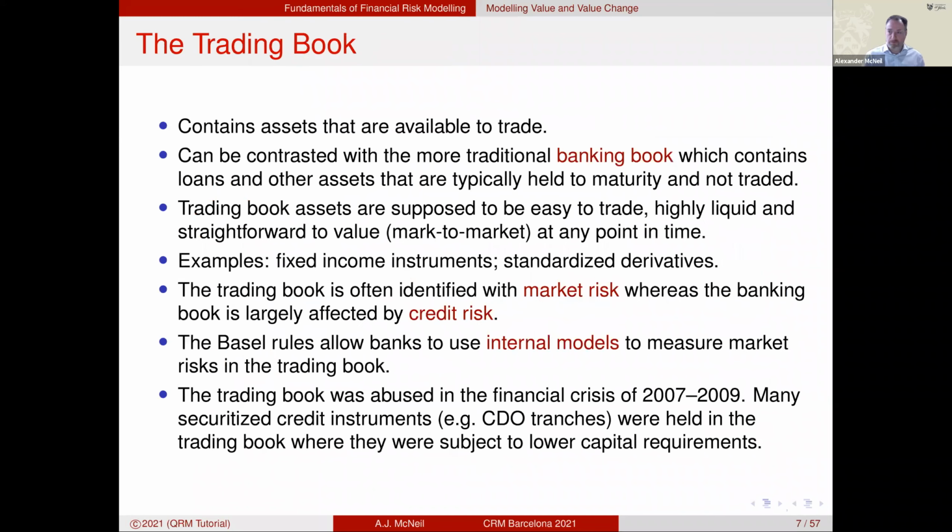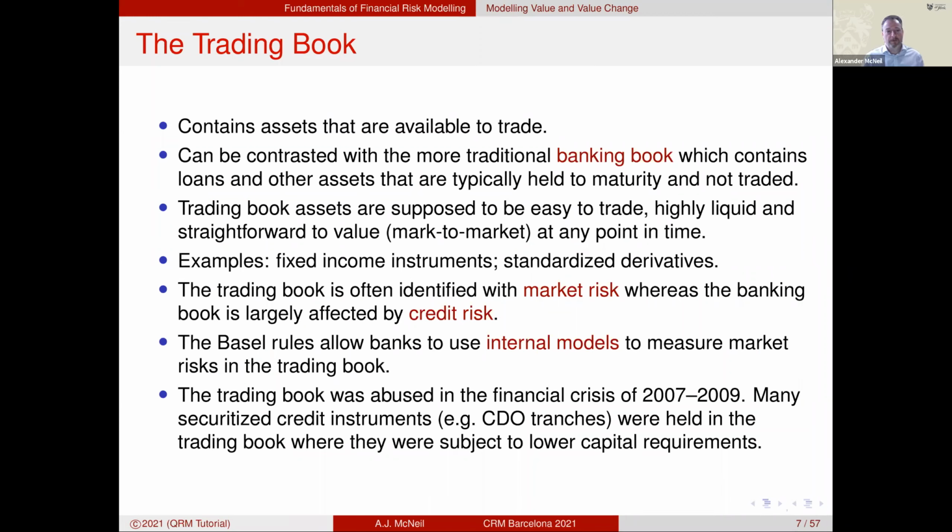So moving on quickly through these first few slides, the trading book is where you have your assets that are technically available to trade. In contrast with the banking book, which is where you would have the loans and other things that are not traded on a regular basis, but are usually held to maturity.